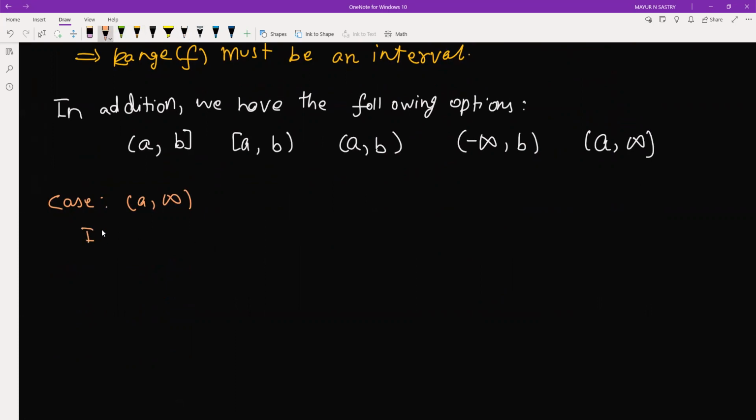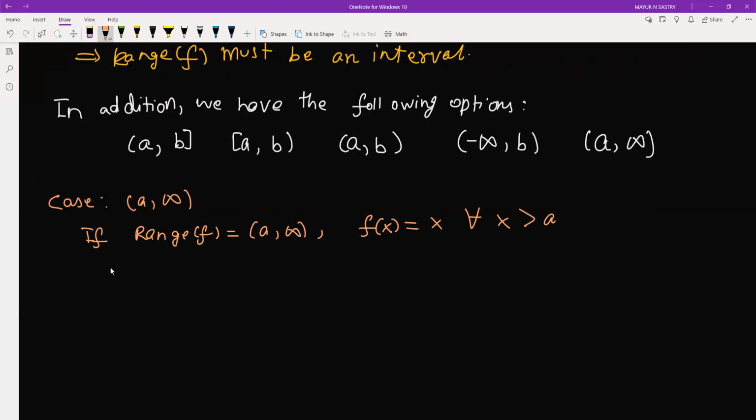So if the range of f is open a comma infinity, we can say that f of x is actually equal to x for every x greater than a, because x is a fixed point if and only if it is in the range of f, as we have shown.